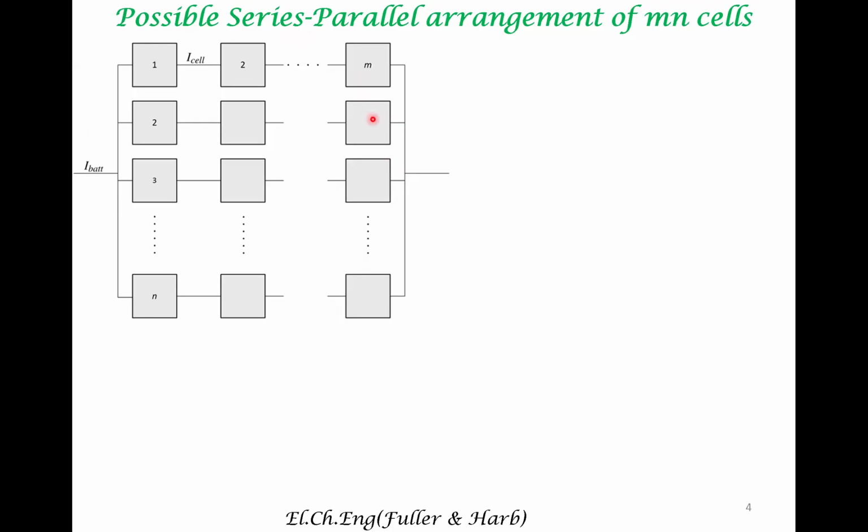This bunch of cells is what is referred to as a battery pack. When cells are connected in series, the current I_cell remains the same across this string of batteries, but the voltage adds up. And the current that can be provided from a battery pack is because of the different parallel strings that exist in this connection.